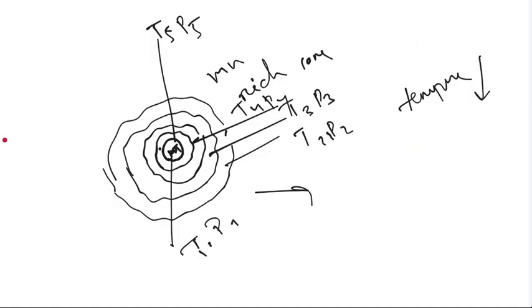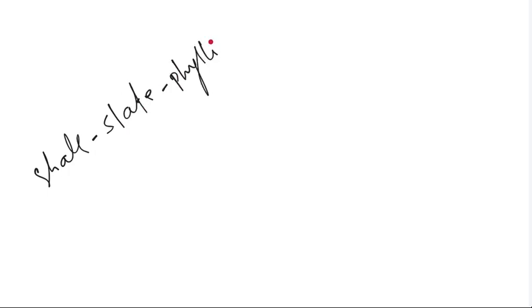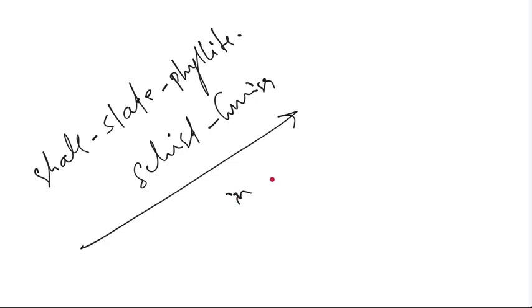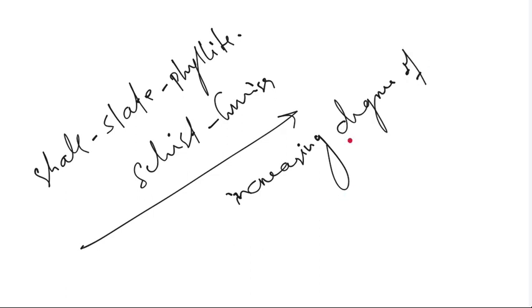Shale, slate, phyllite, schist, and gneiss. This is the increasing degree of metamorphism.